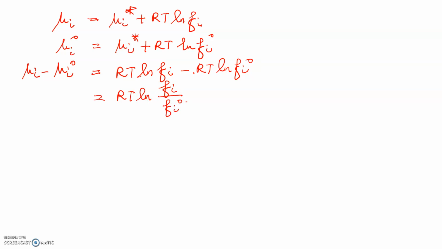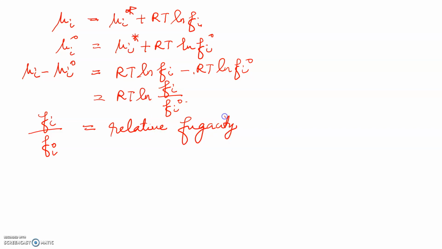In this, what is Fi by Fi0? Fi is the fugacity of the component in solution, and Fi0 the fugacity of the component in the standard state. And this ratio is now given the name relative fugacity, or it is also known as activity.